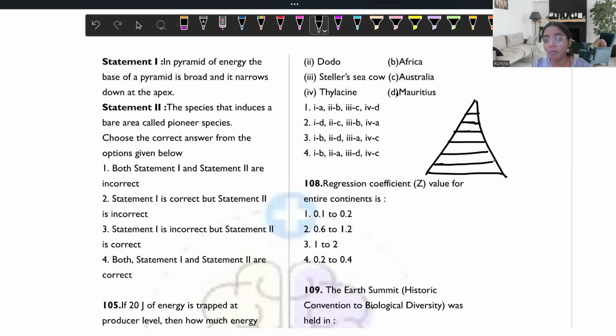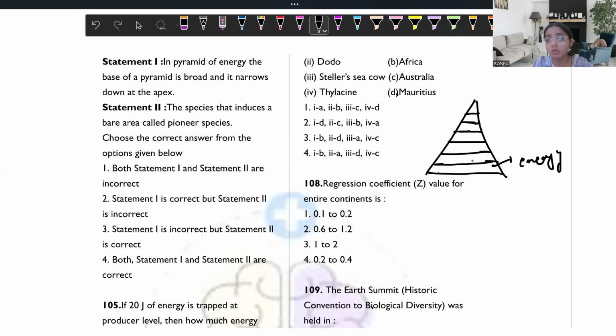And as we move up, there is consumption of energy occurring. Therefore, there is a decrease in the level of energy present at each level. At the base level, there is the maximum amount of energy present because at this level the energy is produced. As we move up, there is consumption of energy.